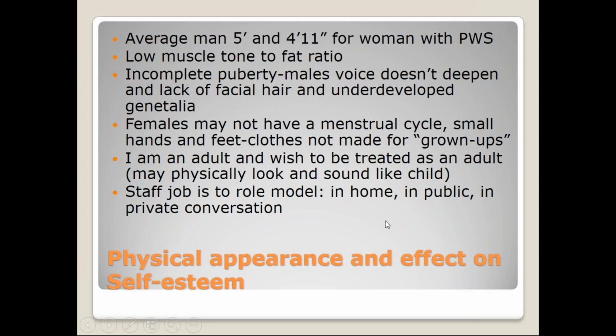I may physically look and sound like a child, but I am an adult. It's our job as staff and role models in home, public, and private conversation to treat the person as that. If a person is having a meltdown, they are an adult who's having an emotional problem with something that right then they can't control. They are not a child misbehaving. Keep that in mind.